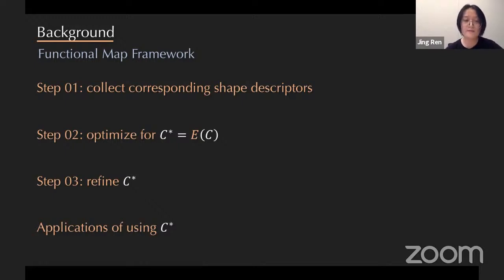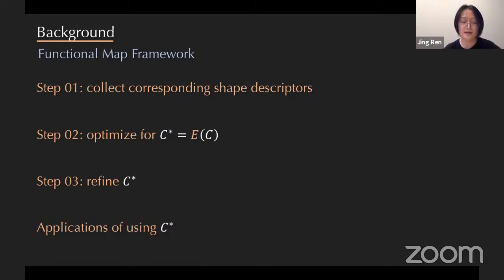Then we design functional map energies from these descriptors and other geometric constraints such as bijectivity or isometry. So now we have an energy defined on the functional map C, which is a matrix. We can use an existing continuous solver to minimize this energy, and we get an optimized functional map.